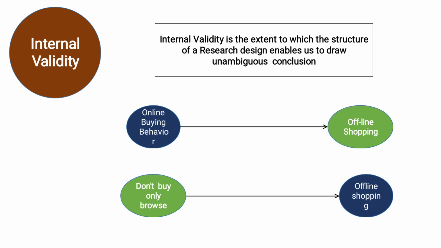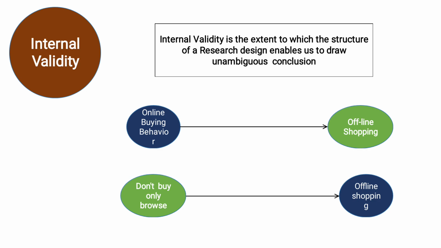What does it mean? If I want to explain offline shopping, I cannot simply take only one factor, that is online buying behavior. If I want to explain offline shopping in terms of online buying behavior, then I cannot simply take only one factor, that is, if someone buys a product online, then that leads to offline.